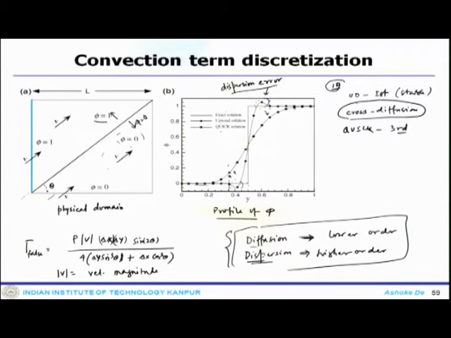Now, if you look at the error sources, these are the two primary sources. One is the numerical diffusion, the other case is the numerical dispersion.